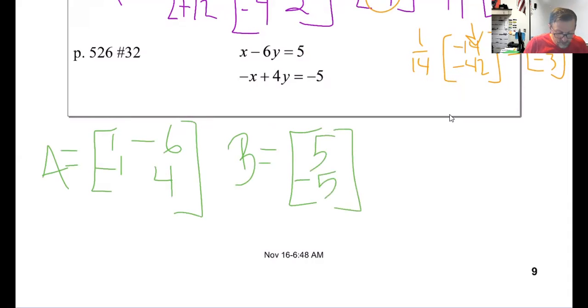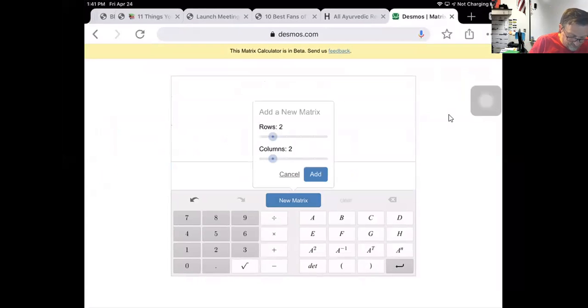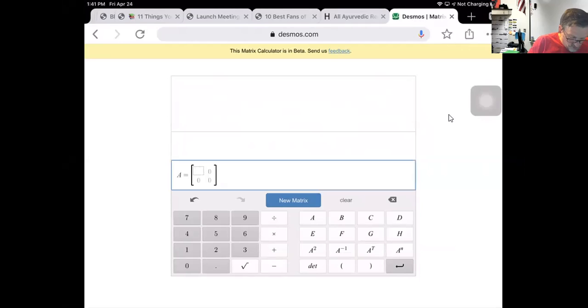This time I'm going to use my Desmos. New matrix: 1, negative 6.